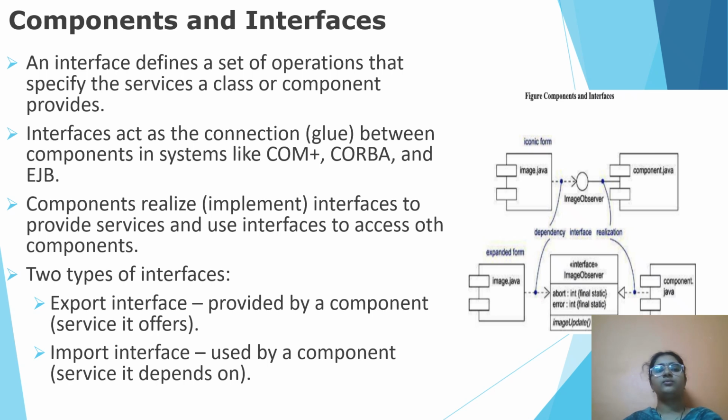There are two main types of interfaces: export interfaces and import interfaces. For example, a payment component might export a process payment service and import a verify user service and other components.